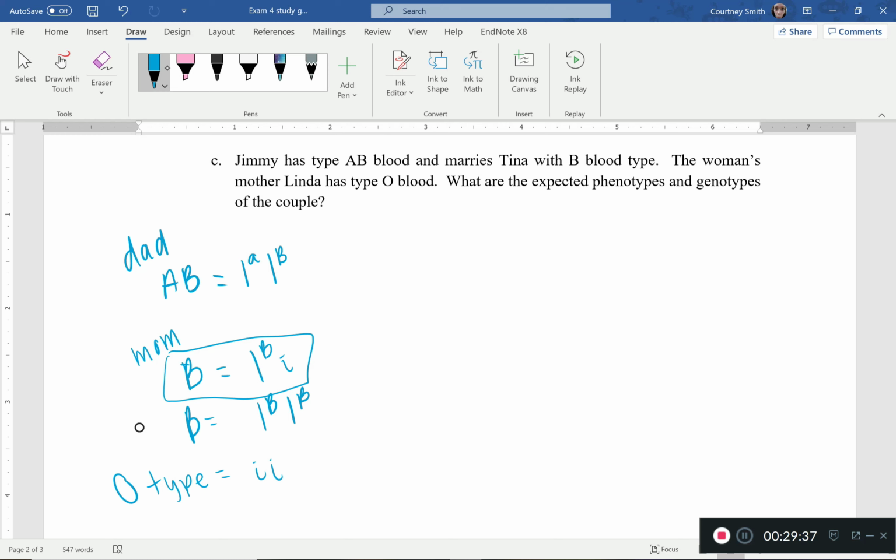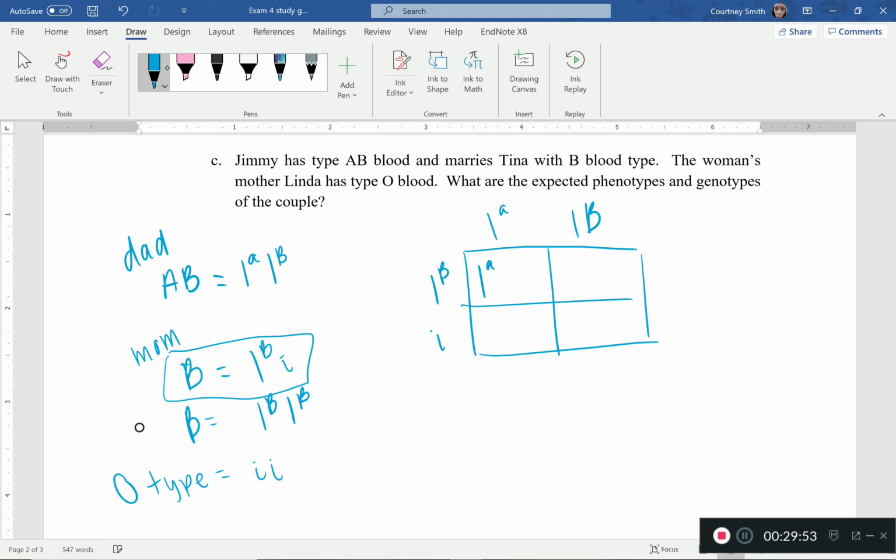Okay, so now we're going to cross mom and dad. So mom is this, dad is this. So you cross them. I personally put my A's first.